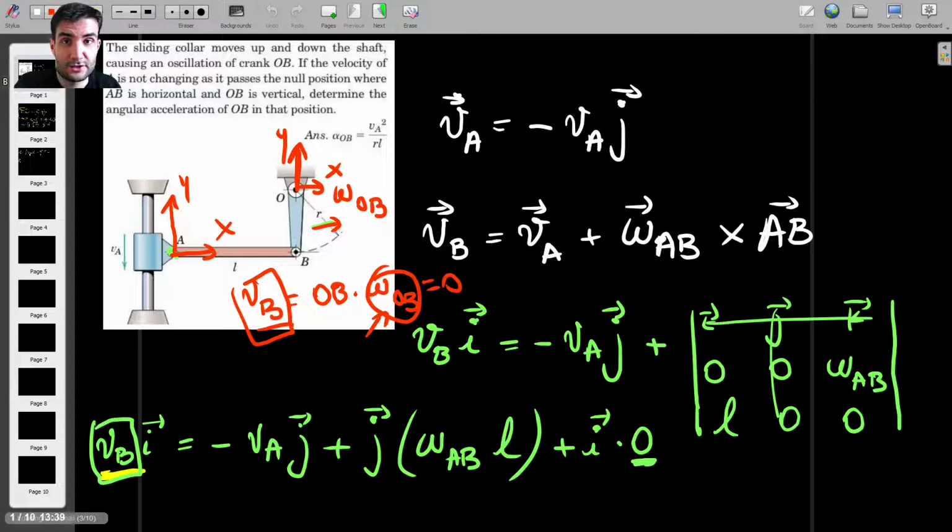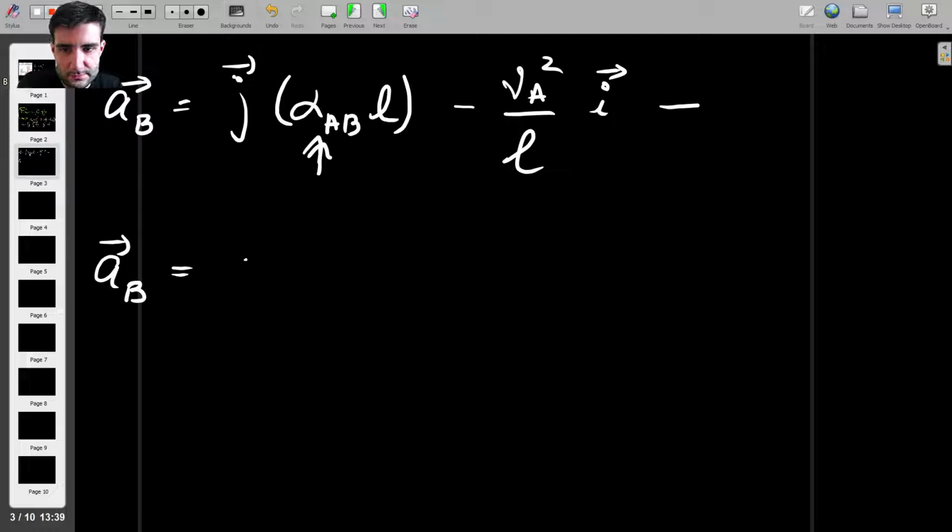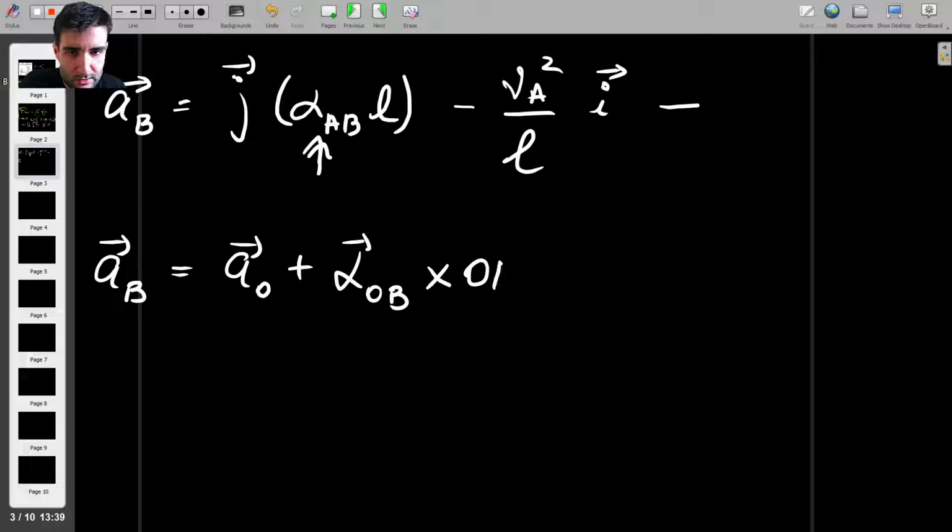We're going to find the acceleration of B with respect to point O. So the acceleration of B is the acceleration of O plus, and now it's just the same formula as previously, alpha OB cross OB, and then minus omega squared OB times OB.